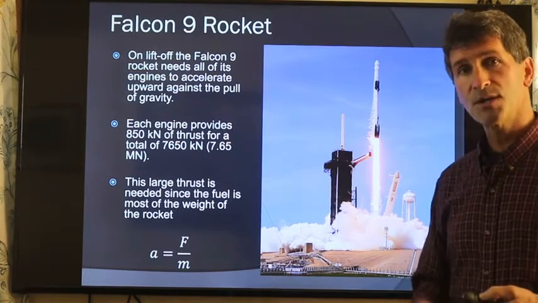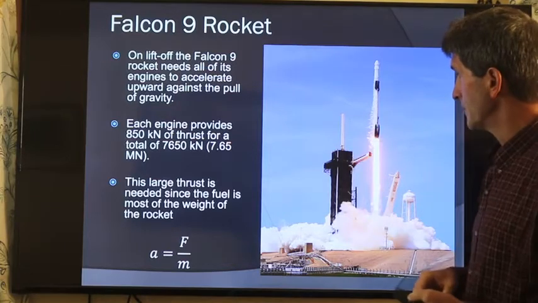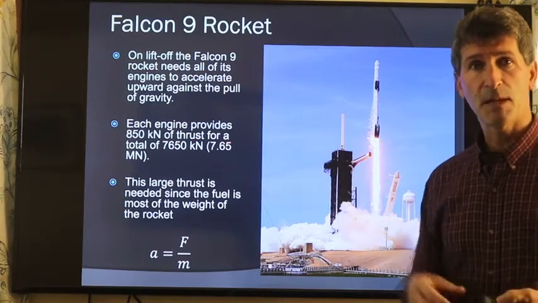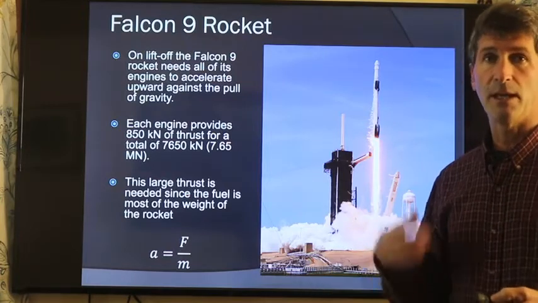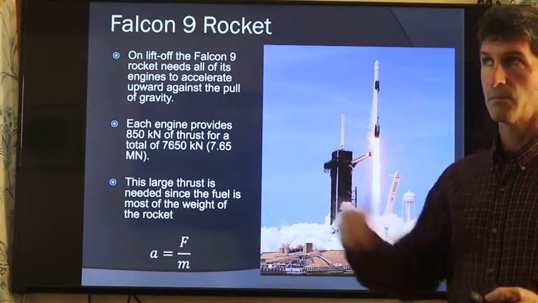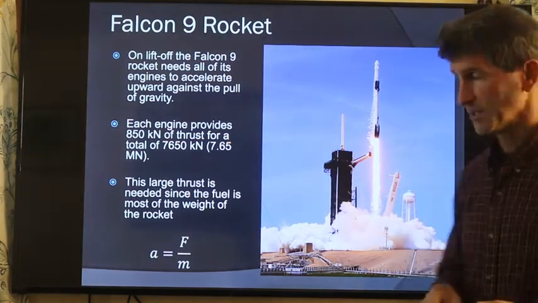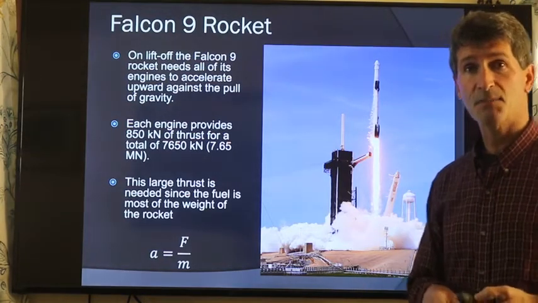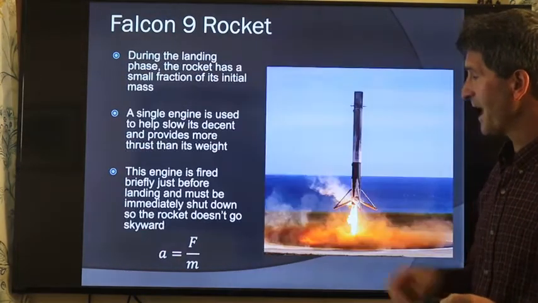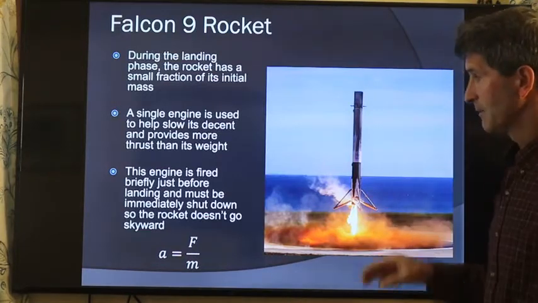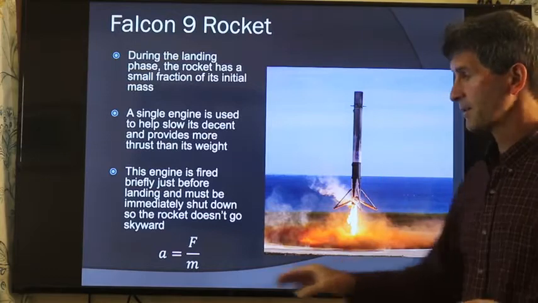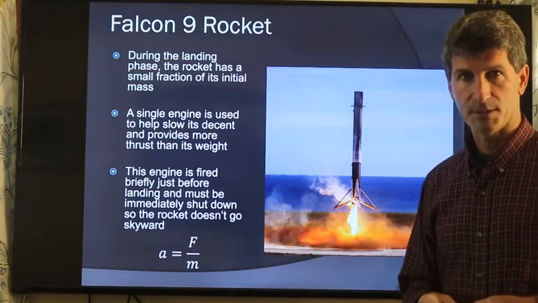But as it goes higher and higher in its trajectory, the fuel is being burned off as well as the oxidizer. And when the first stage is spent, it has much less mass. So when it comes down and lands, you actually only have to light one rocket because it's a very, very small fraction of its original mass.